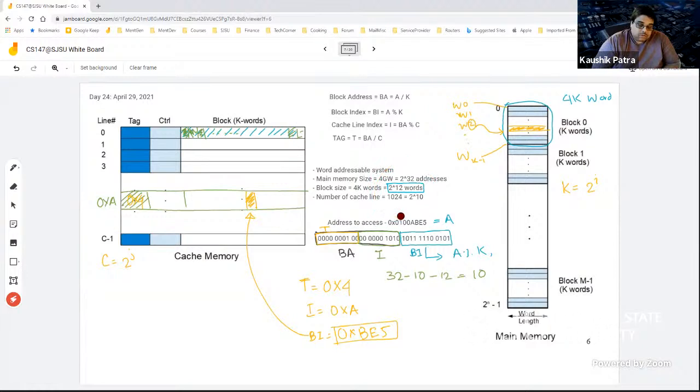If those follow powers of 2, you really don't need the complicated calculation of modulus, division and all this stuff. You just expand this address into 32 bits, or the corresponding number of bits as the problem says, and then split it into block index, cache line index, and tag. You just need to determine that. That's actually a very simple problem.